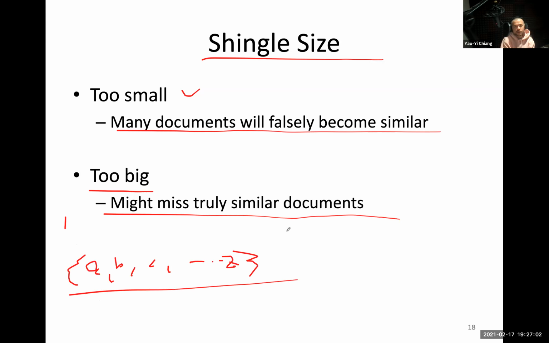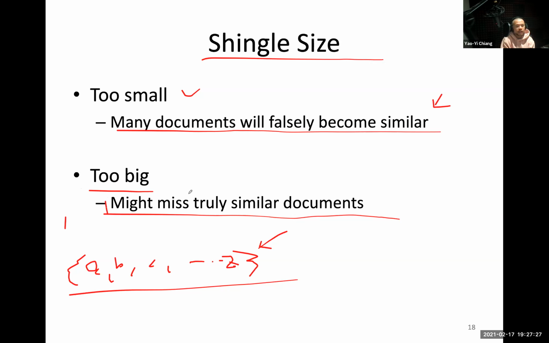And every document will have exactly these shingles, if they have words covering the whole alphabet. So in this case, many documents will falsely become similar even if their semantics are totally different or the sentences are very different. What if you use a really big shingle?